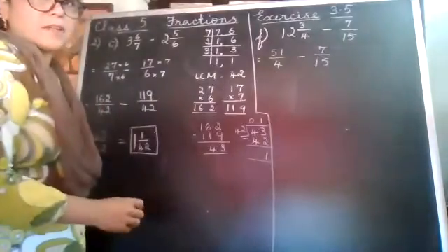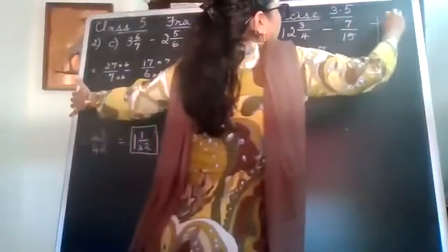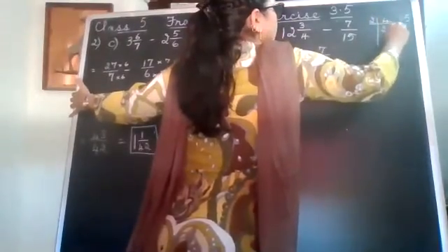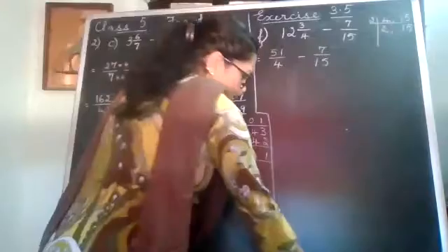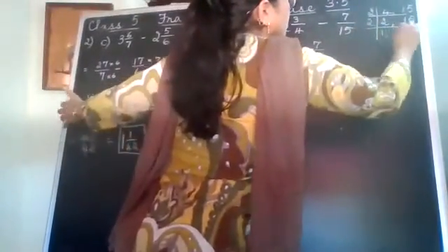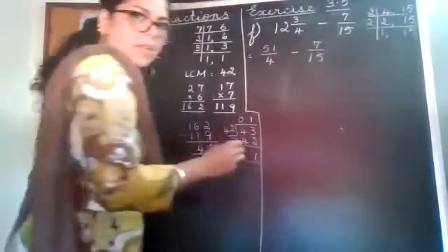Now the LCM of 4 and 15. 2 divides 4 2 times. It doesn't divide 15, so bring it down. Then you have 2 divides 2 once, doesn't divide 15. Okay.